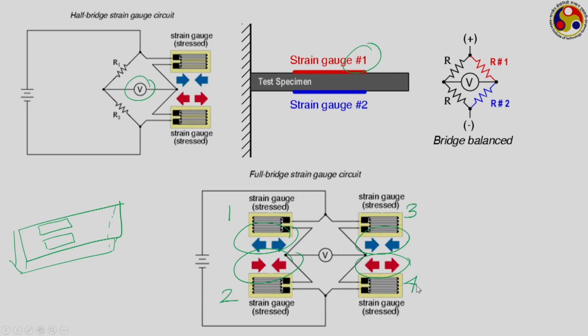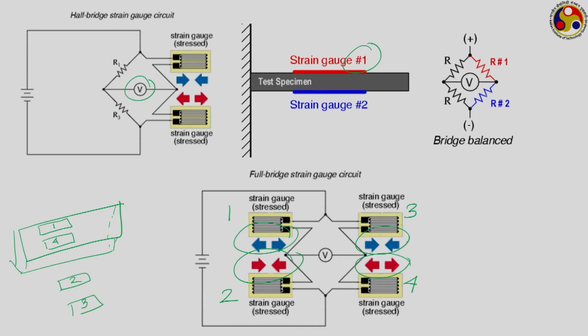Your 1 and 4 are mounted on the same side, and on the opposite side you have 2 and 3. So, 1 and 4 will sense the same kind of loading, whereas 2 and 3 will sense the opposite kind of stress.